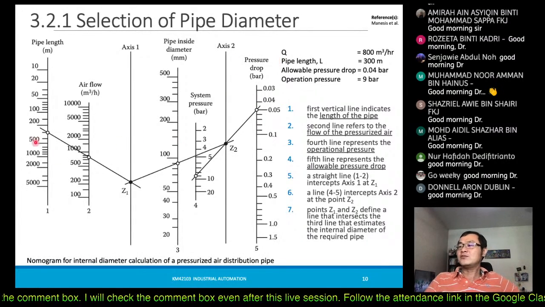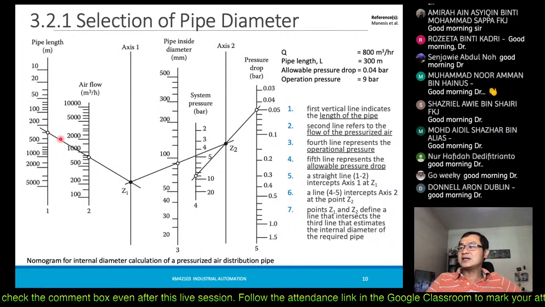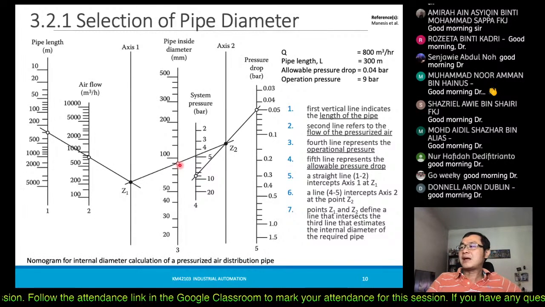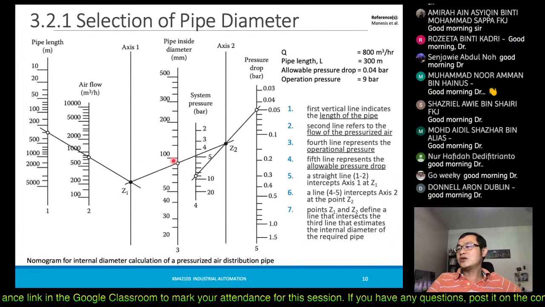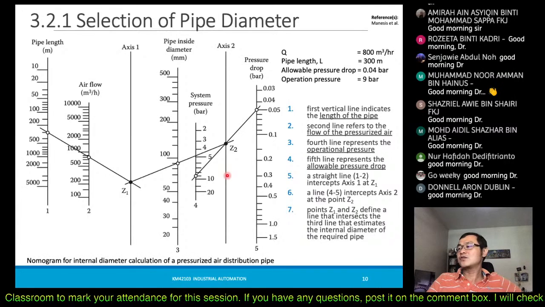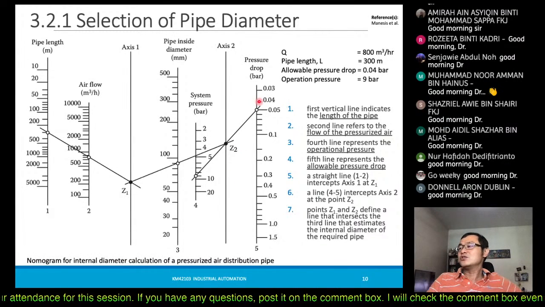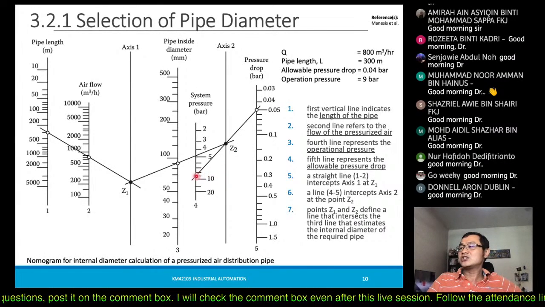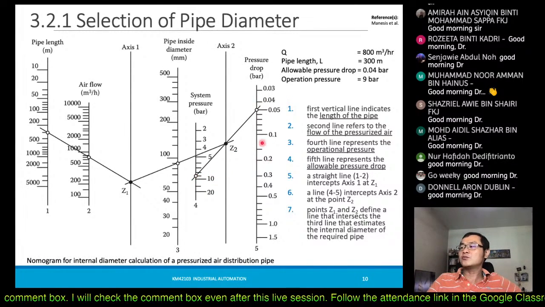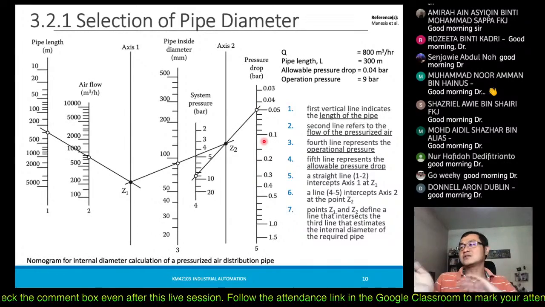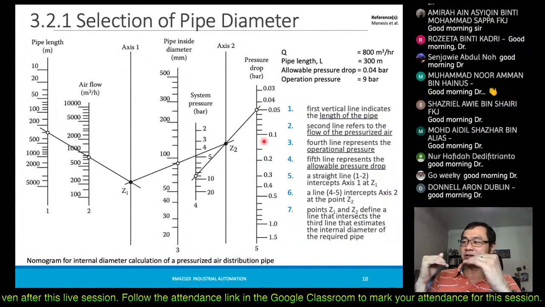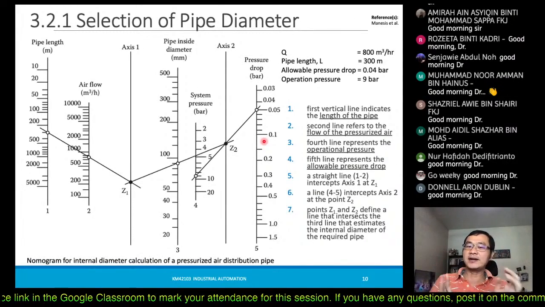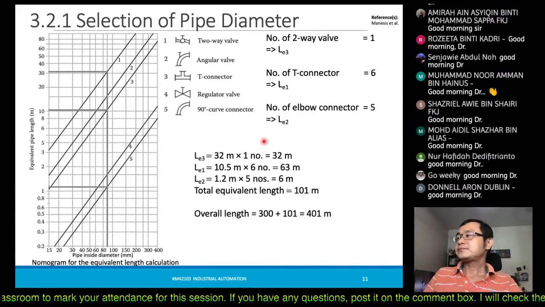When this one increases, we just redraw the line over here, but the pipe diameter never changes, so this point connects to this point, and we get this point. From this point onwards, we can see, in order to maintain a certain pressure, what pressure drop we expect and so on. So we can always reverse, as long as the three straight lines that we connect are connecting to the right points.